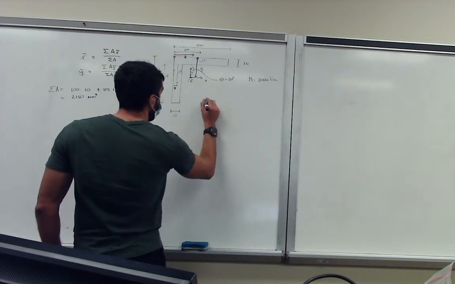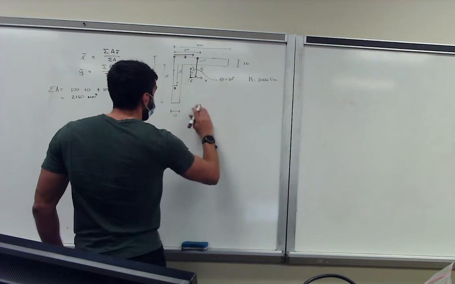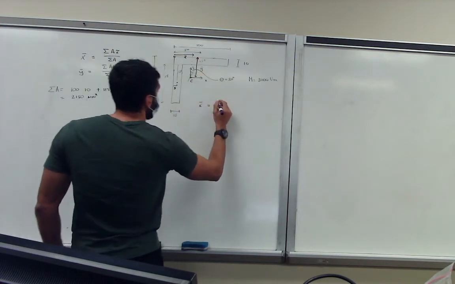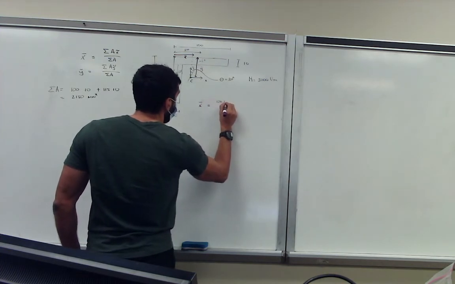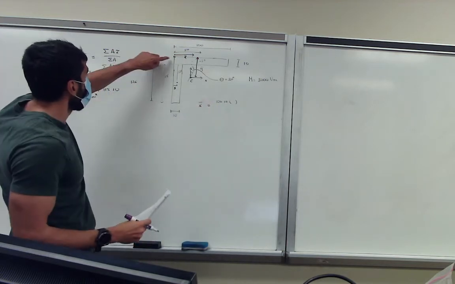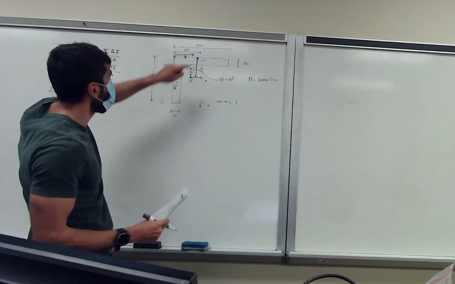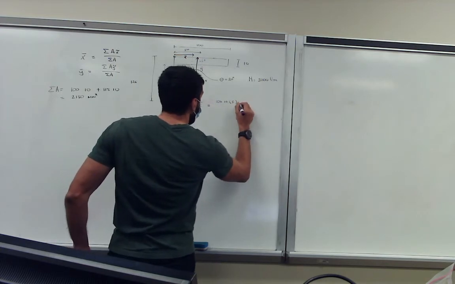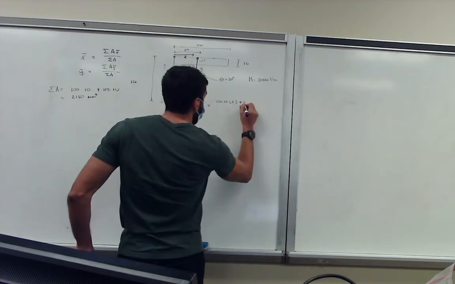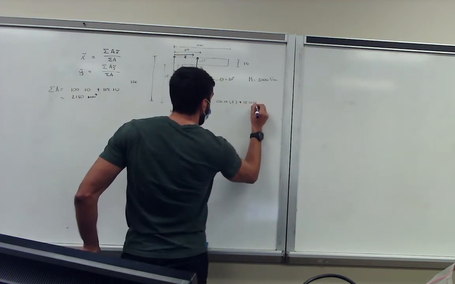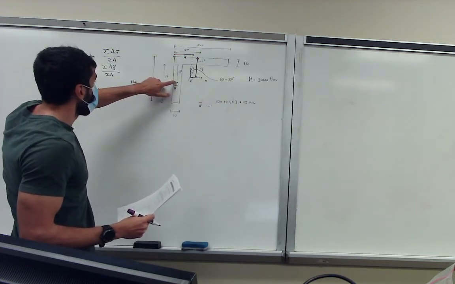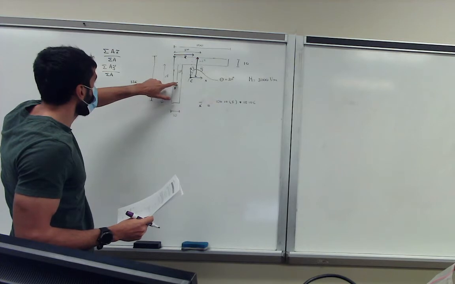So x bar is equal to, let's do the top one first, the area, that's 100 times 10, multiplied by the x bar with respect to its own centroid, that was 5, plus this area, which was 115 times 10, multiplied by its local axis.